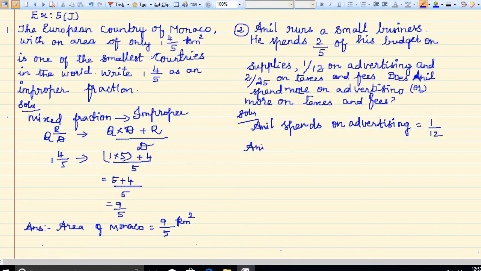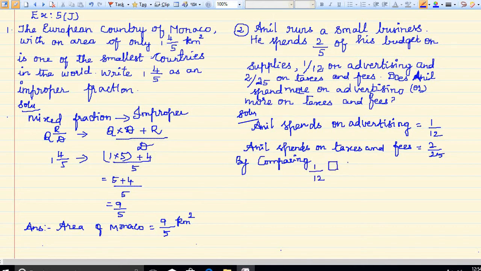Next, Anil spends on taxes and fees is equal to 2 by 25. Now I am going to compare this. So by comparing 1 by 12 box 2 by 25.